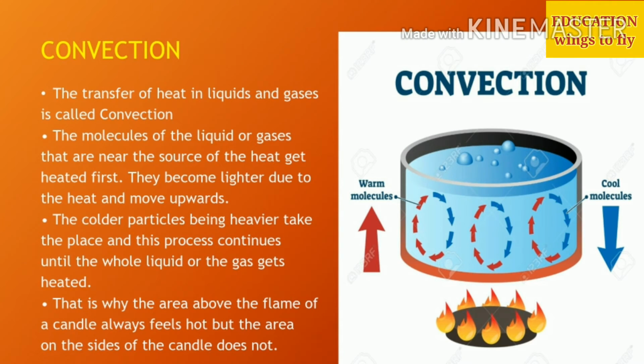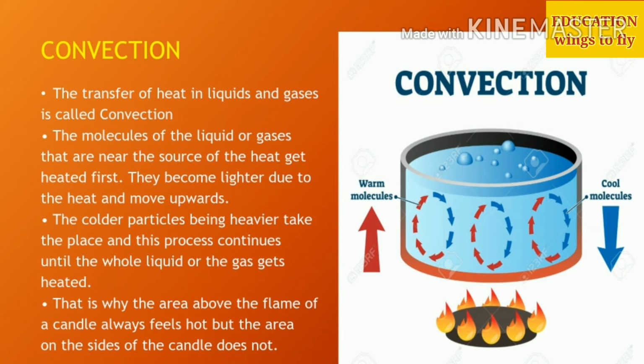Convection. The transfer of heat in liquids and gases is called convection. The molecules of the liquid or gas that are near the source of heat get heated first. They become lighter due to the heat and move upwards.